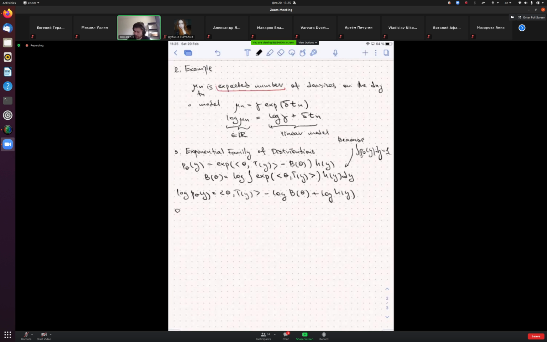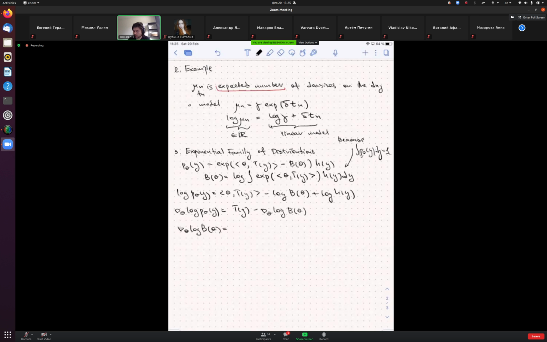As machine learners, we would like to take logarithms, of course, or take the gradient of the logarithm. So it will be equal to some statistic of our data y minus the gradient with respect to the parameters of the normalizing constant. Okay, but who is this guy? Let's see what it is equal to.